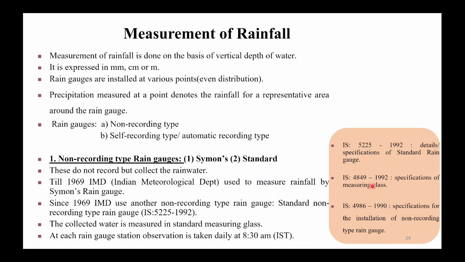Whereas IS 4849-1992 gives the specification of the measuring glass, like how the graduation should be, what should be the least count, how much accuracy is required based on that, and how to measure the lower meniscus. So these are some important IS codes to remember as far as our country is concerned, for the Simon's gauge and the standard non-recording rain gauge.